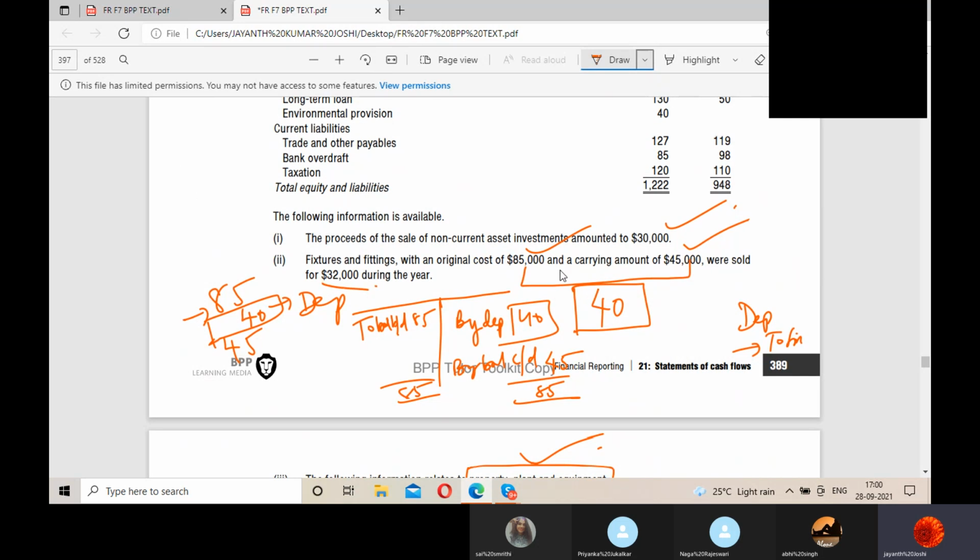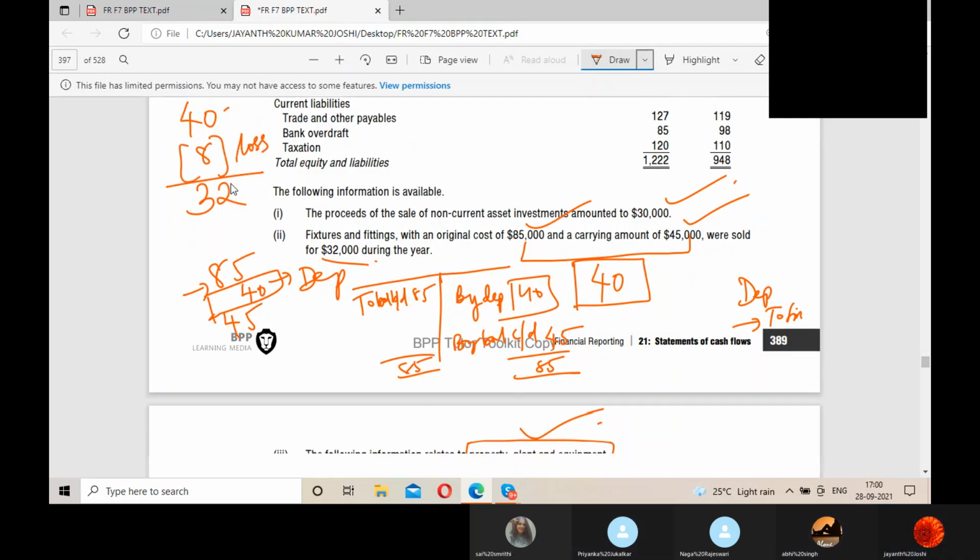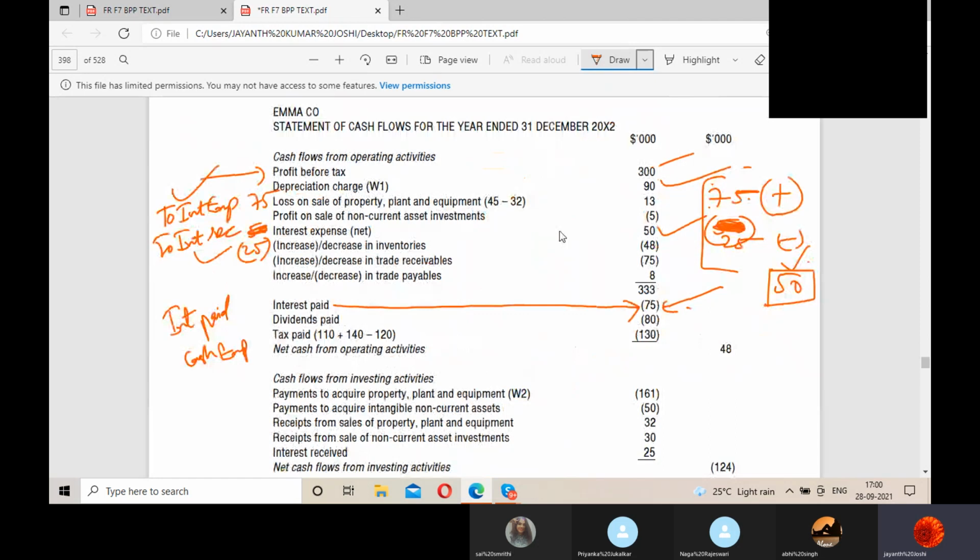See, 85 minus 25 is 45, correct or wrong? Yes. And you are selling it for how much? 32. So profit or loss? Loss. You'll add this.